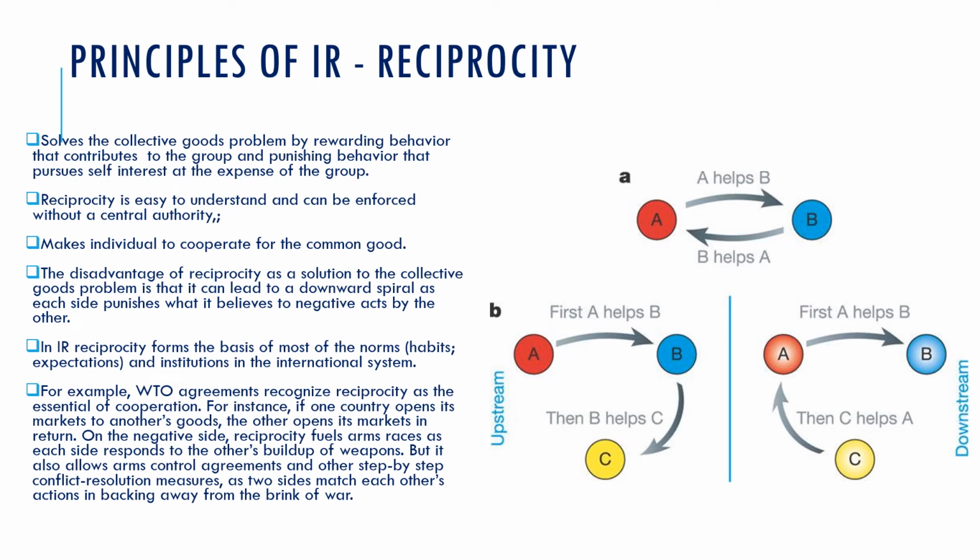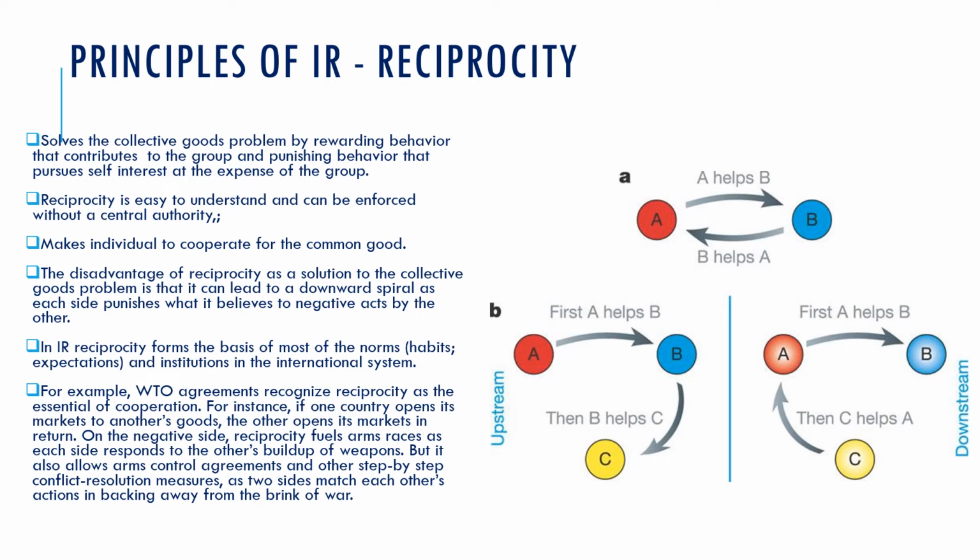In the case of the principle of reciprocity, we might mention WTO or World Trade Organization agreements, which recognize reciprocity as the essential of cooperation. So for example, if one country opens its markets to another's goods, the other opens its markets in return.